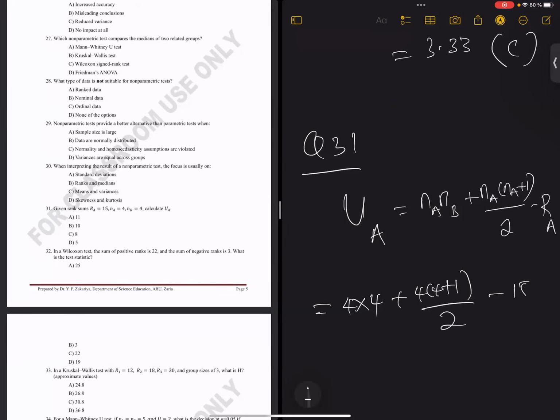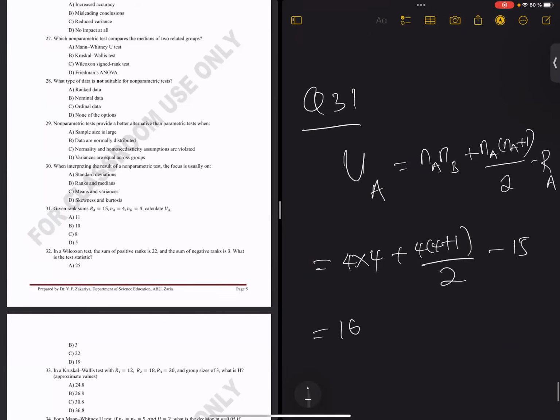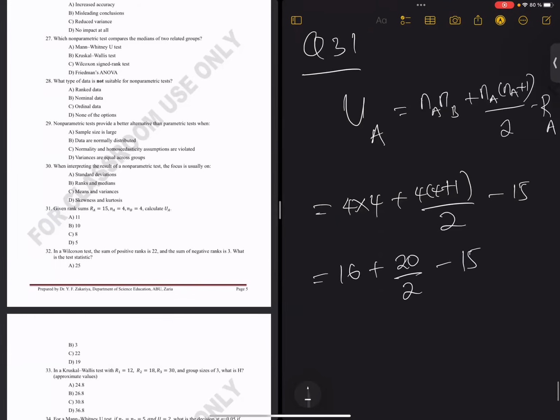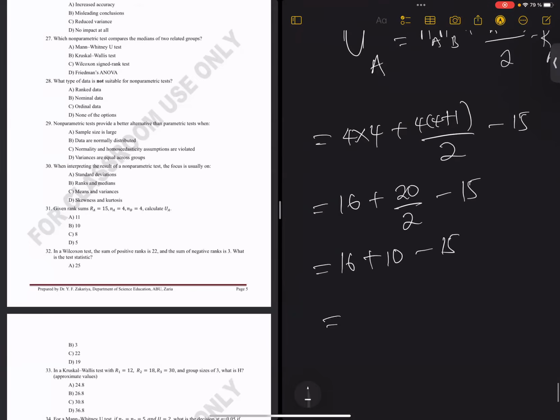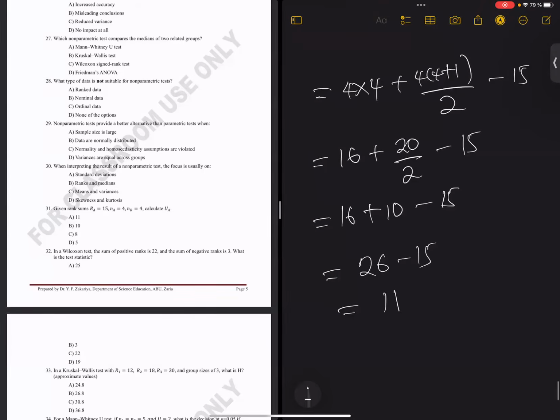RA is given to be 15. 16 plus 4 times 5, 20 divided by 2, minus 15. 16 plus 10 minus 15, which is what? 26 minus 15, which is equal to 11. So the right option is option A, isn't it?